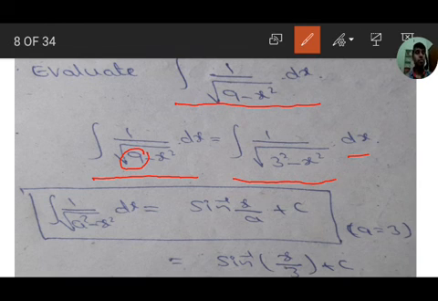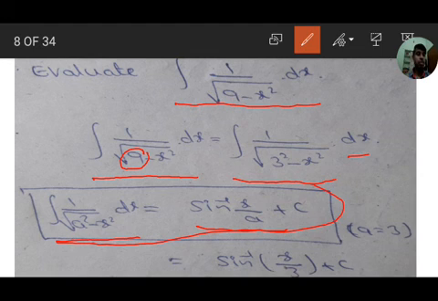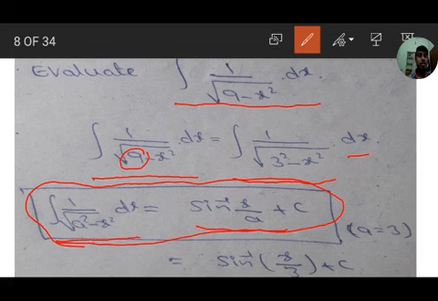It is of the form integration 1 by square root of a square minus x square dx equal to sin inverse x by a plus c. We know this from the basic formulas. Remember the 9 formulas. Here a means 3, so sin inverse x by 3.